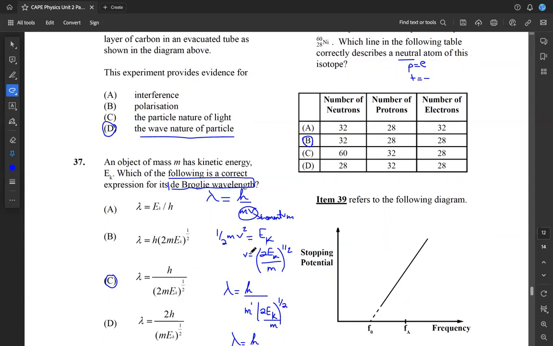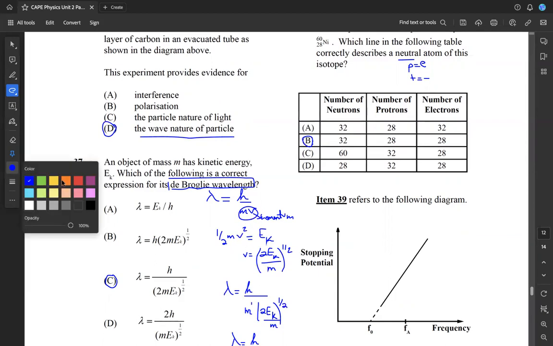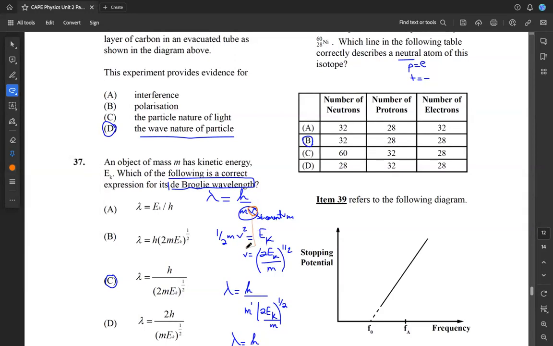So we can find that velocity is equal to the square root of 2 EK over m. So that's v, right? So let me just use an arrow to show you guys. This v is actually given by this formula here for v, right?